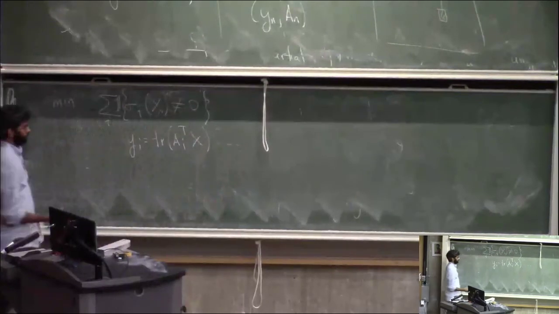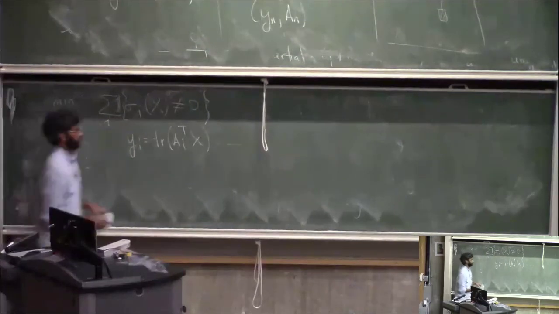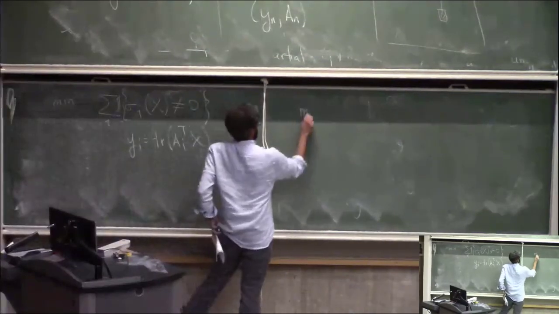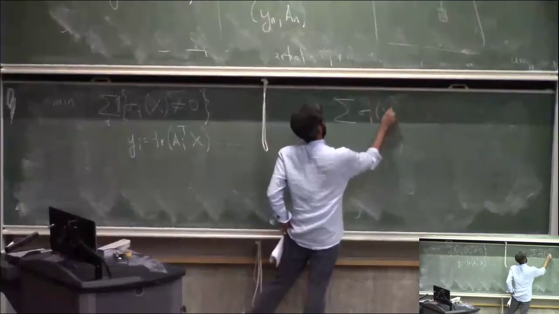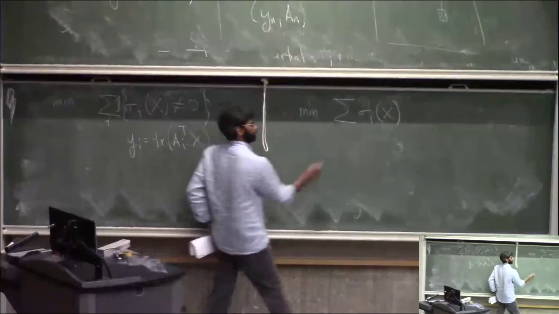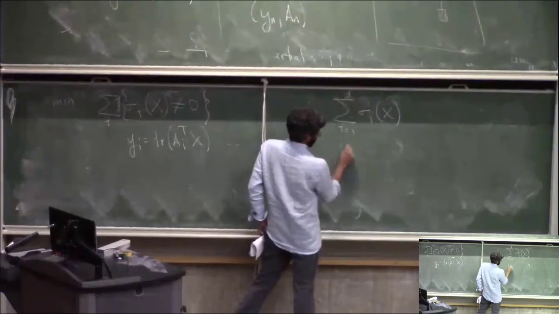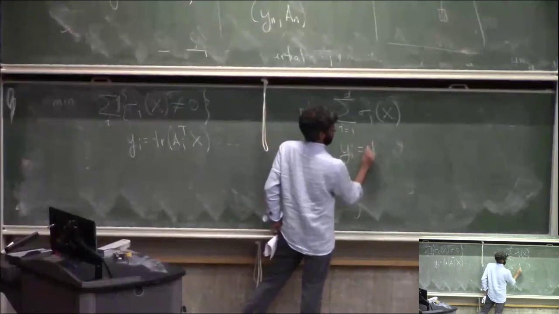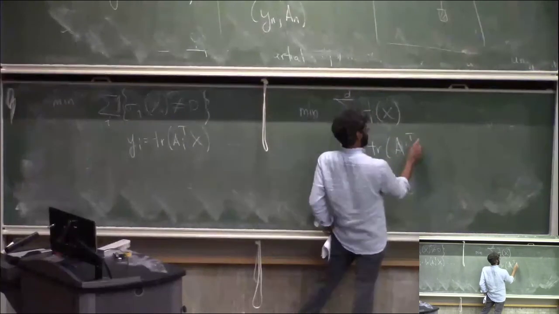Now you can think of the natural relaxation, which is to replace this L0 norm by an L1 norm. I'm going to minimize the sum of these sigma i's of X. So this is now the L1 norm on the singular values, whatever the dimension is. And then I keep dragging along these constraints.